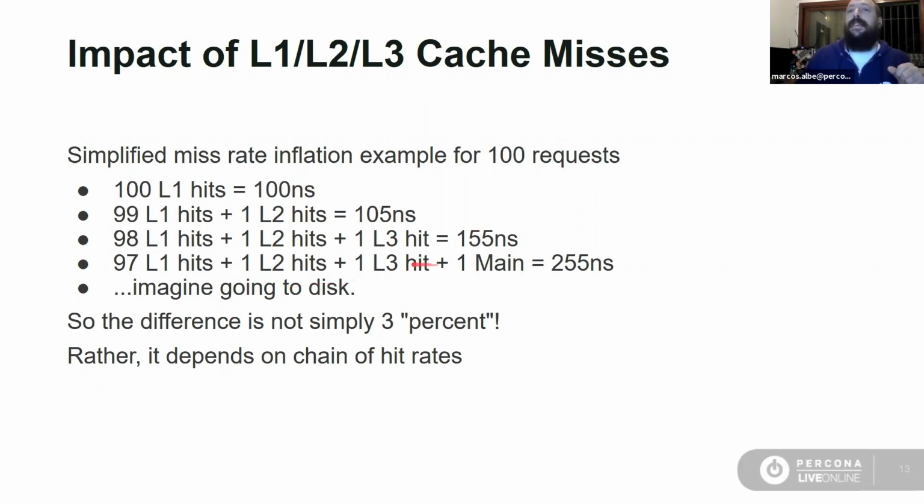And if the data is sitting in main memory, then it will be 255 nanoseconds. So a simple 2-3% level 1 cache miss turned out to be 150% slower. That is why we care so much about level 1 and level 2 cache hit ratios, and that's where we're going to see some tools that allow us to observe the hit ratio of the cache.